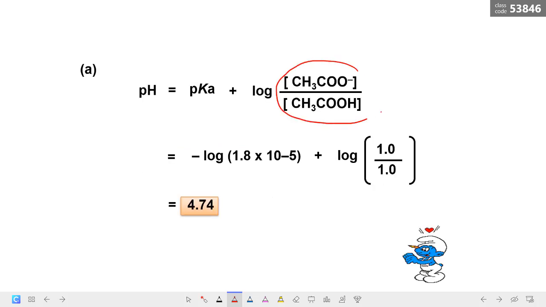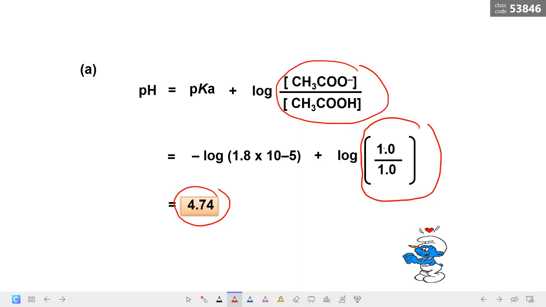This is the salt. Okay, log concentration salt bahagi acetic acid. Nampak kat sini kurungan ni kena hati-hati ya. So you can see this buffer solution, the pH is 4.74. The pH is less than 7. Jadi ini adalah pH bagi buffer solution ini sebelum kita tambahkan sedikit strong acid atau strong base.